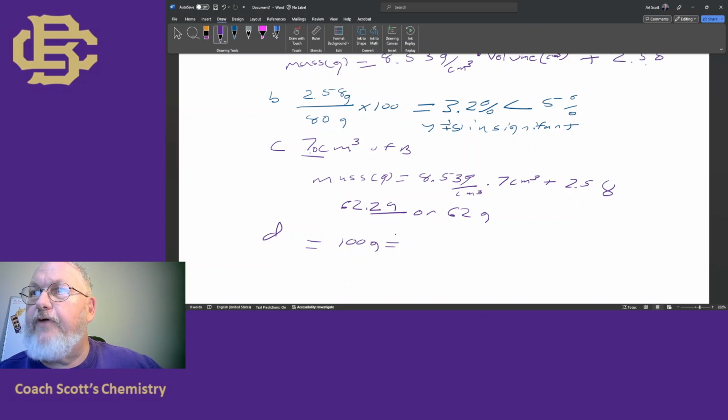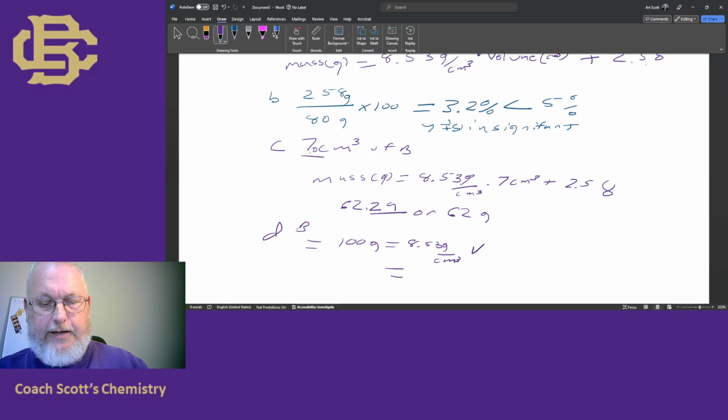What is the first one? 8.53. Yep. Grams over cubic centimeters times V. Ignore the thing. We're just doing it real quick. So to find V, and this is B, 100 divided by 8.53, I got 11.7 cubic centimeters. Actually, it'd be 12. Let's say B is 12 cubic centimeters.